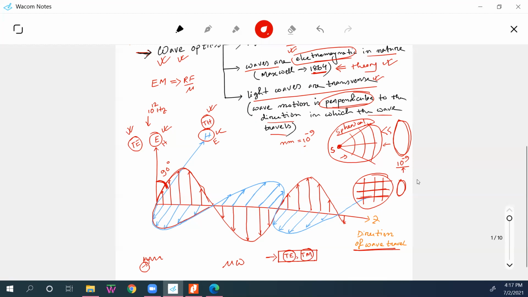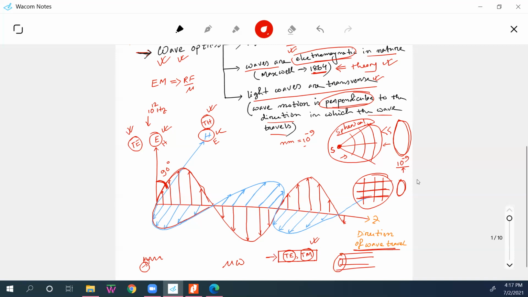For those cases, it's easier to explain with Maxwell's equations. But for our optical fiber, complex behavior arises because of the core and cladding. The boundary between the core and the cladding is very complex, and we'll discuss it more.